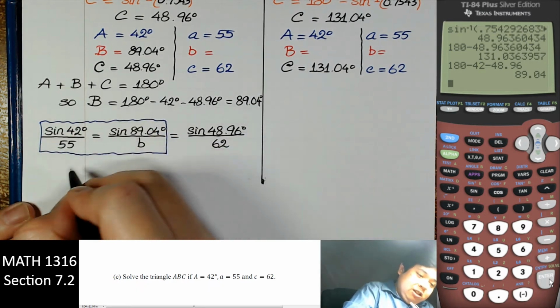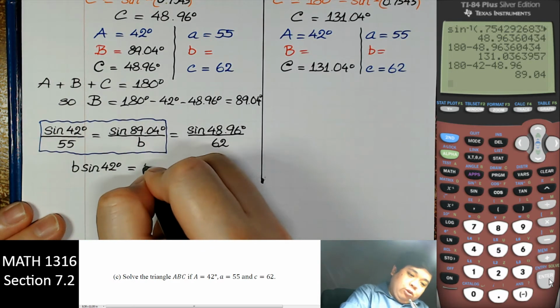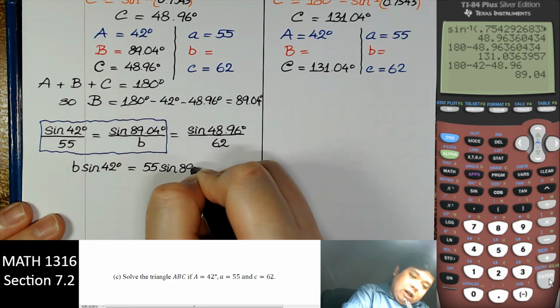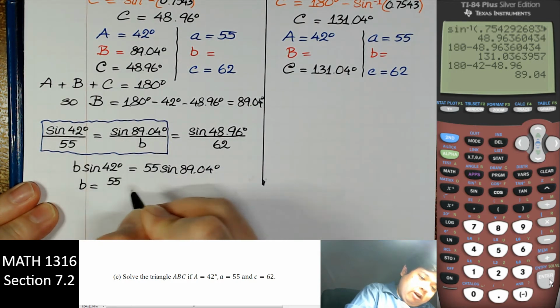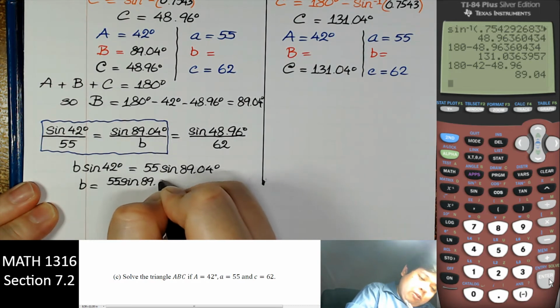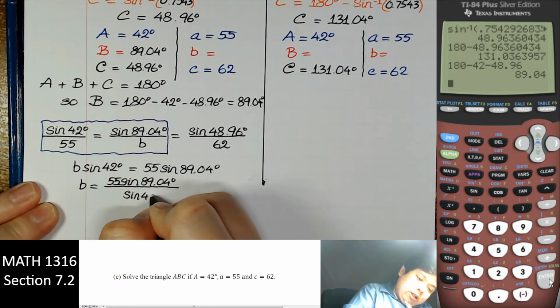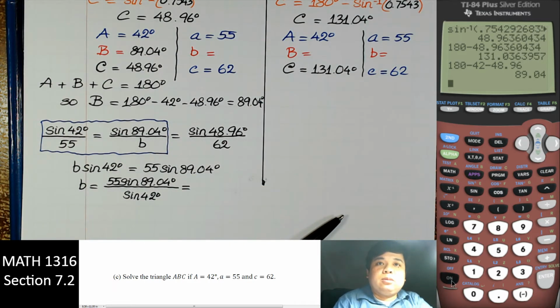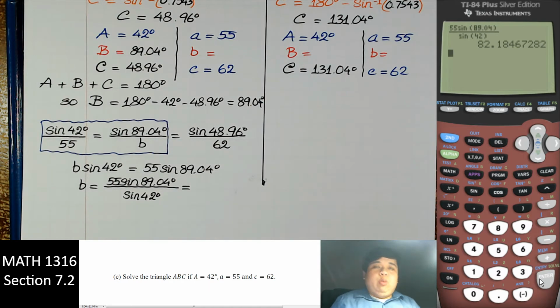Right, cross multiply. b sine of 42 degrees equals 55 sine of 89.04 degrees, and we solve for b. b equals 55 sine of 89.04 divided by sine 42, which is 82.18.